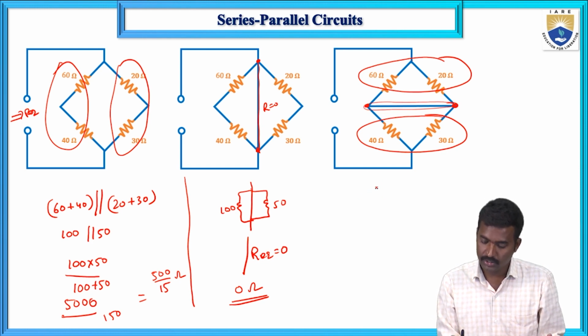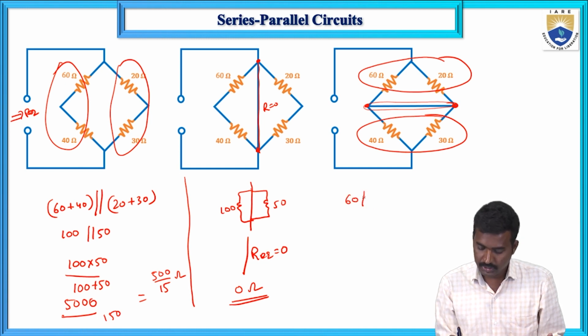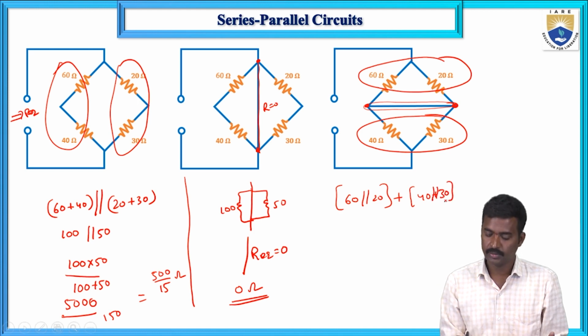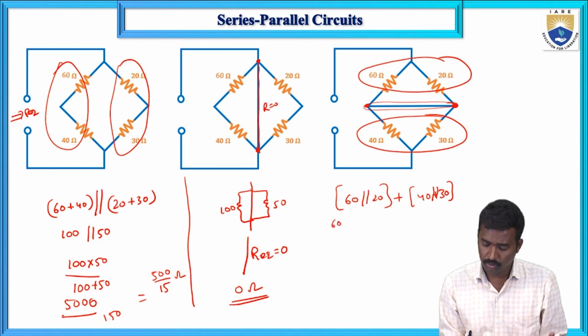So now in this case, 60 parallel with 20, in series with 40 parallel with 30. So 60 into 20 divided by 60 plus 20, plus 40 multiplied with 30 divided by 40 plus 30.